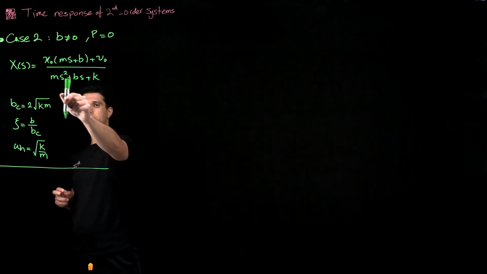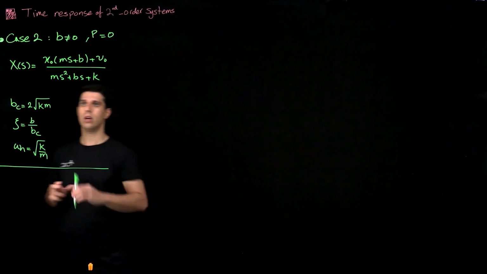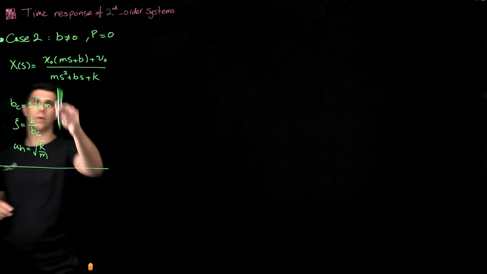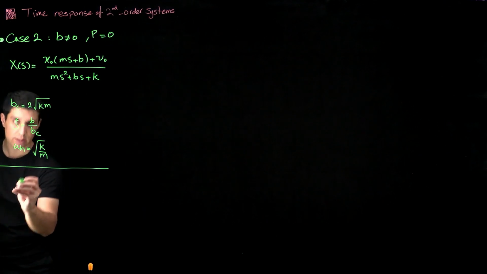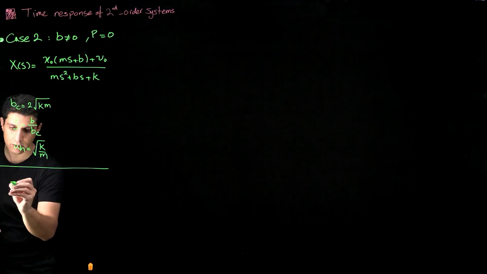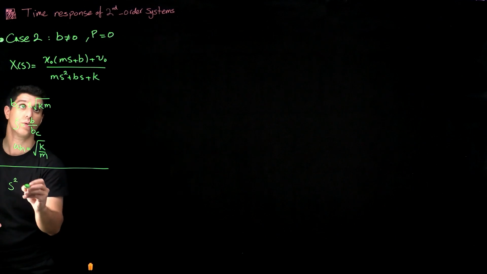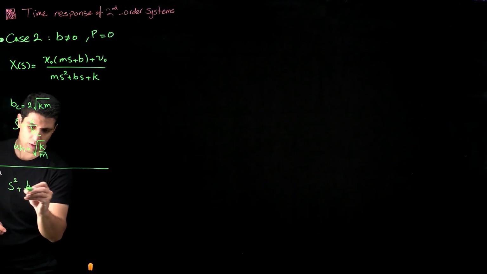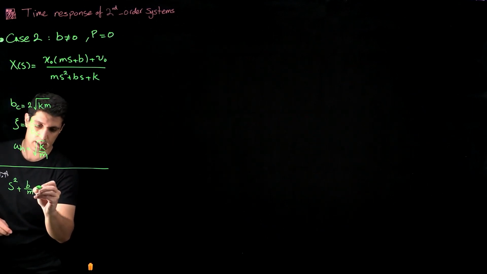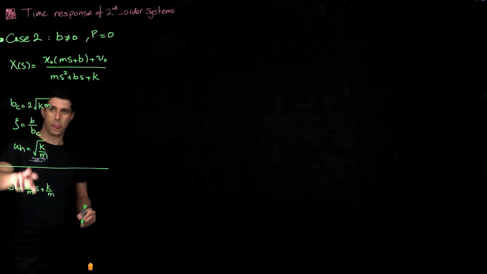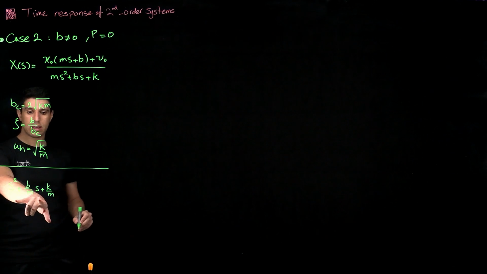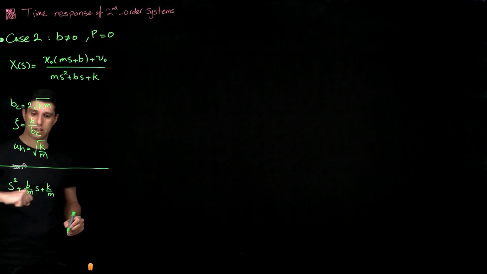Now, let me rewrite this denominator. I'm going to divide everything by an m, so the coefficient of s squared is 1. I'm just looking at the denominator. So I have s squared plus b over m s plus k over m. That's the denominator, and I'm going to rewrite this in terms of these values.